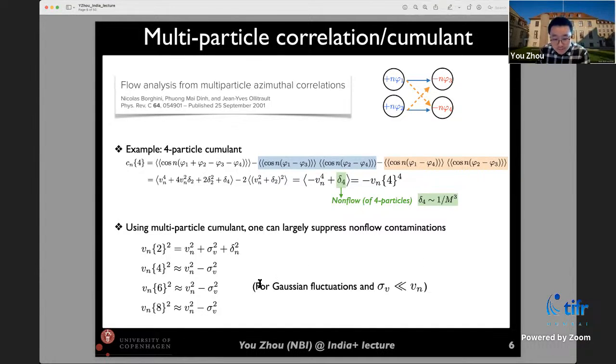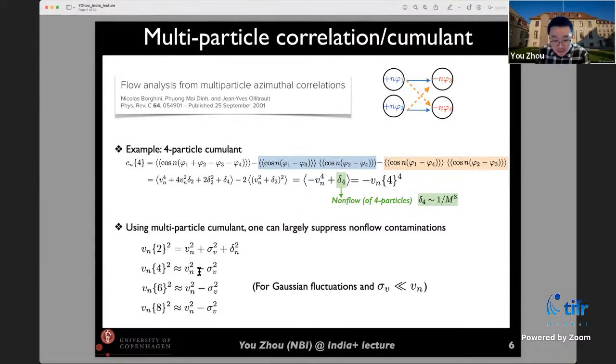So now we can assume that for Gaussian fluctuations, when the flow fluctuation is much smaller than the Vn coefficient, we have roughly Vn{2} square equals the Vn square for the flow from the flow symmetry plane plus the flow fluctuations plus our non-flow contamination. While the 4-particle, 6-particle, 8-particle, higher-order cumulants basically have a different sensitivity to the flow fluctuation.